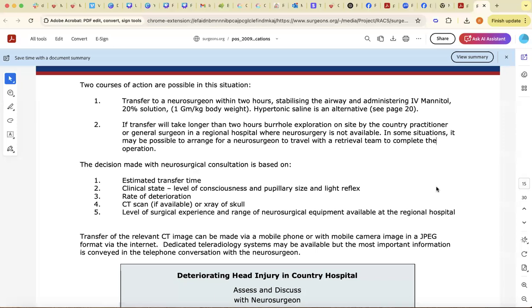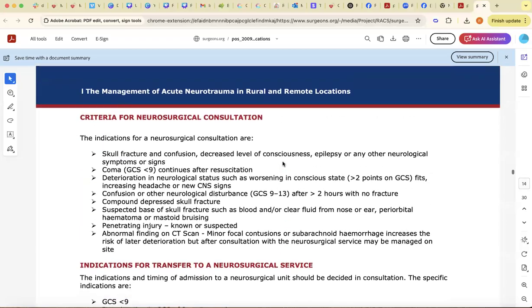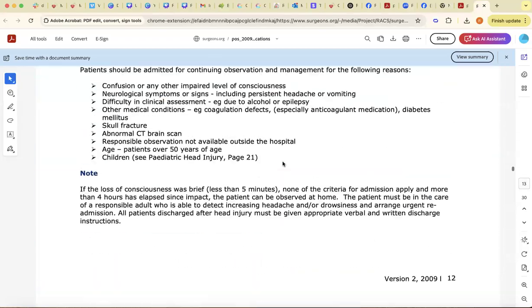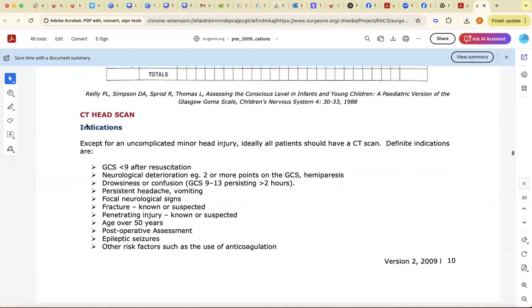You have intubated the patient. Once you intubate the patient, CT is fine and CT is needed. So that is what we have written in here. You have seen the indications of CT scan. So this question should not come into your mind anymore, because the CT indication is GCS less than 9. All patients with GCS less than 9 are unstable. But you have intubated the patient, so it's no longer a problem.